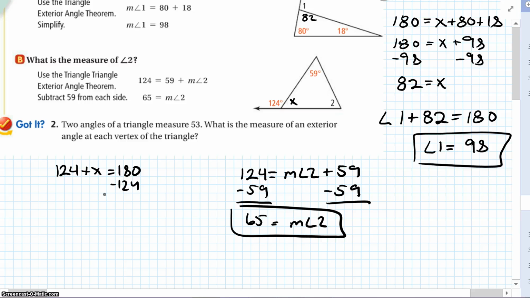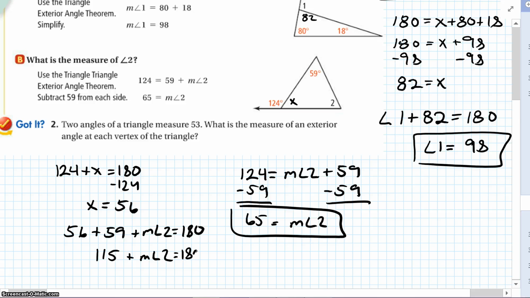Subtract 124 from each side. x is equal to 56. So we know 56 plus 59 plus the measure of angle 2 equals 180. 56 plus 59 is 115. So 115 plus the measure of angle 2 equals 180. Subtract 115, the measure of angle 2 equals 65. So you see, if you ever forget, you can always go back to what you know.